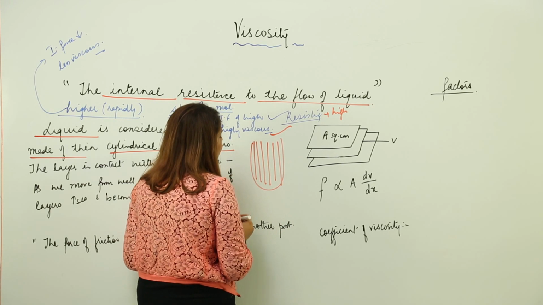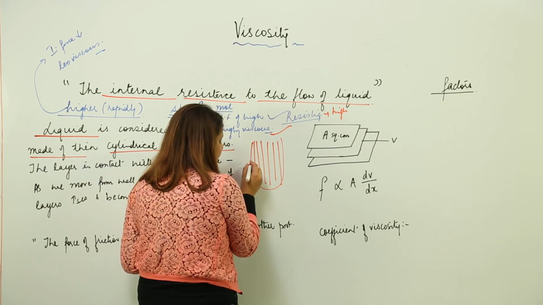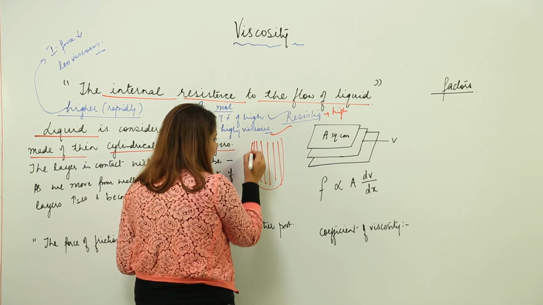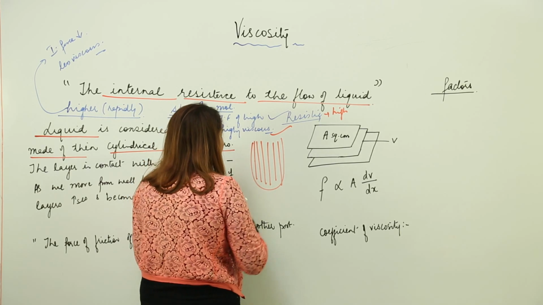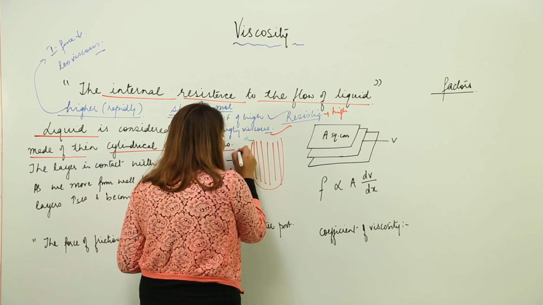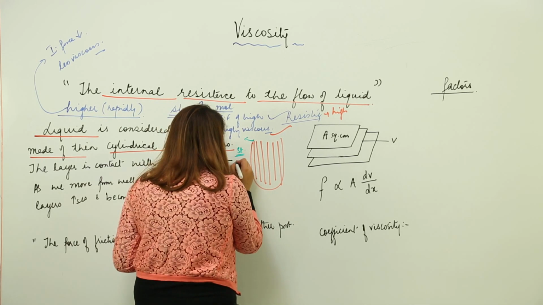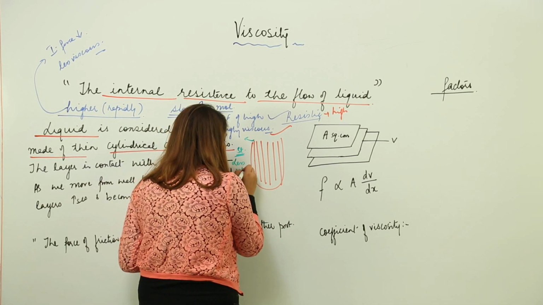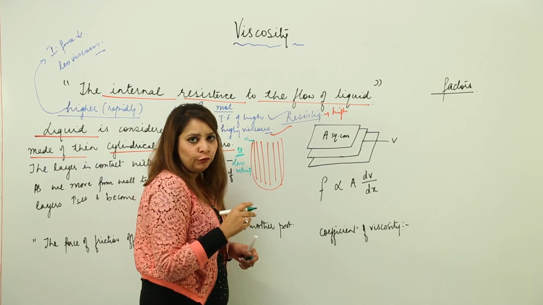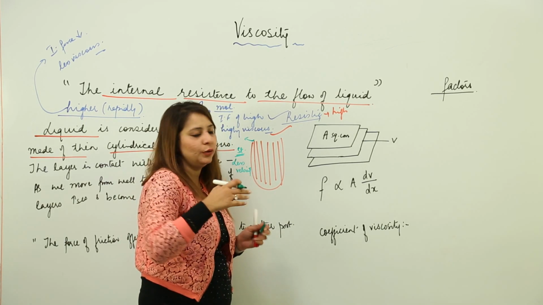The layer which is close to the wall of the tube is almost stationary. That is why it has less velocity, so it flows at a slower rate.